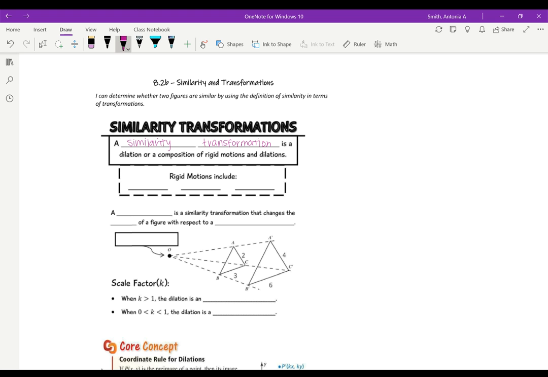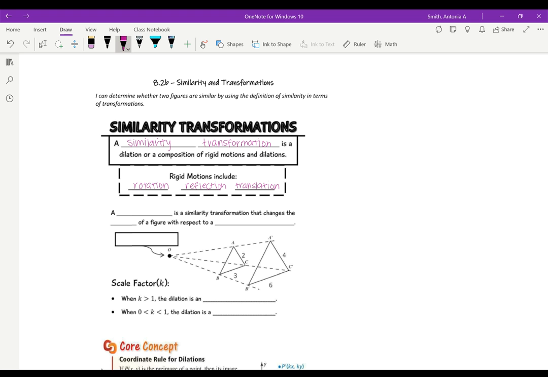Okay, so those are a couple of new vocabulary words: dilation, composition, and rigid motion. Your rigid motions are things like a rotation, a reflection, or a translation. These are all things that we learned in ninth grade.